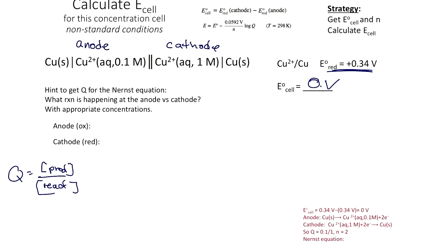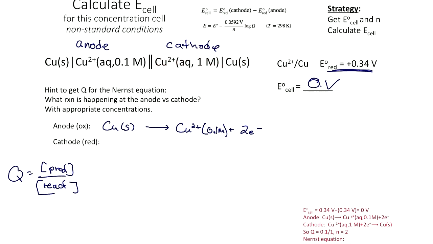In an oxidation reaction, copper solid loses 2 electrons to make copper 2 plus. I tell you that this copper 2 plus is 0.1 molarity. That's your oxidation reaction. Your reduction reaction has these concentrations.